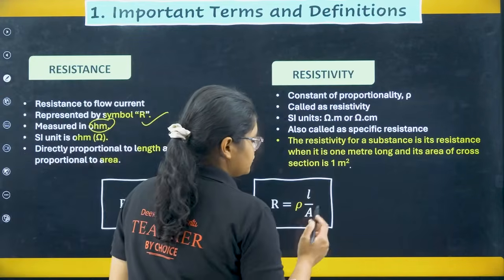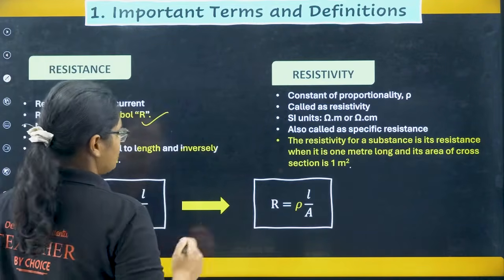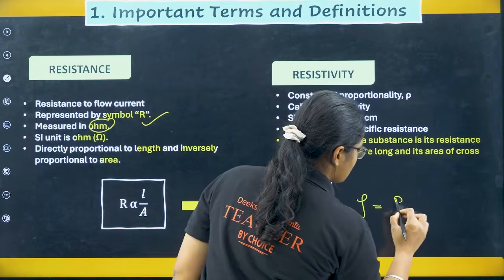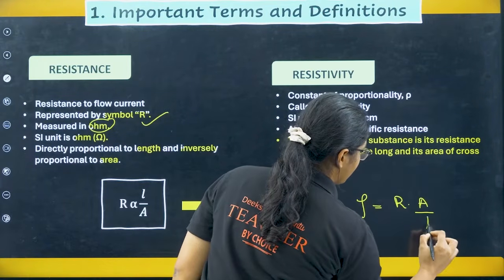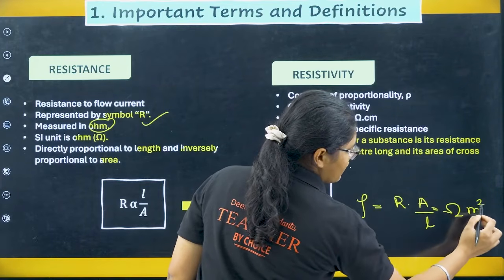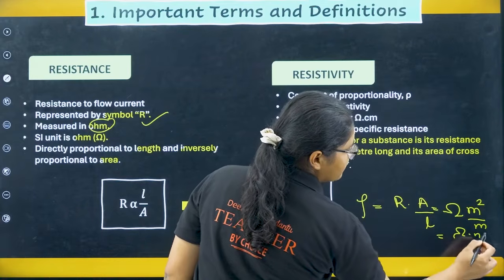Now its SI unit. If I write the form of rho, it will be equal to R A by L. The unit of R is ohm, area will be in meter square or centimeter square, and length will be in meter. So if I cancel, I get ohm meter, right?